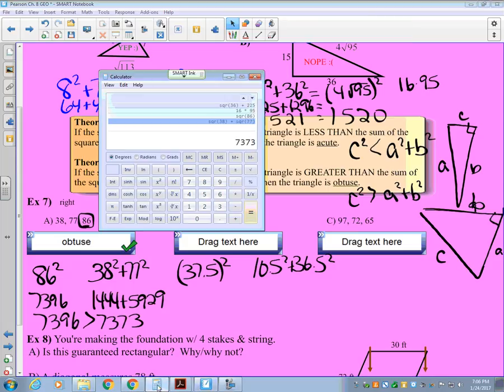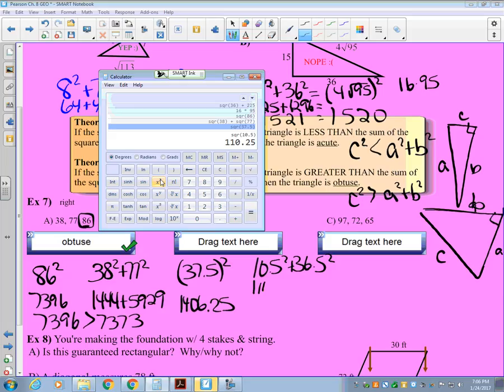So we get 37.5 squared, 1406.25, and then we get 10.5 squared, which is 110.25, and 36.5 squared, which is 1332.25, which is 1442.5.